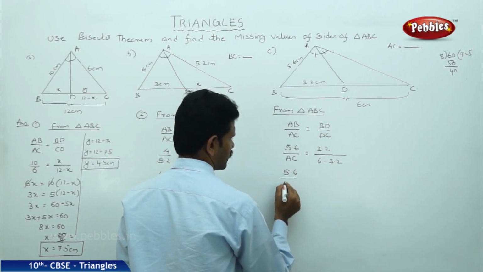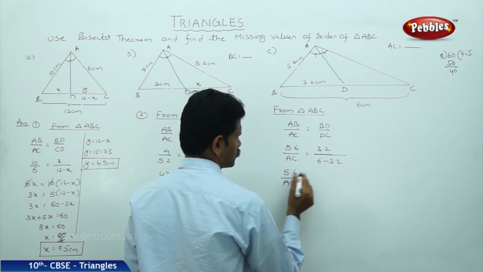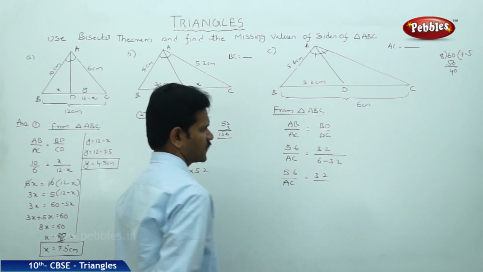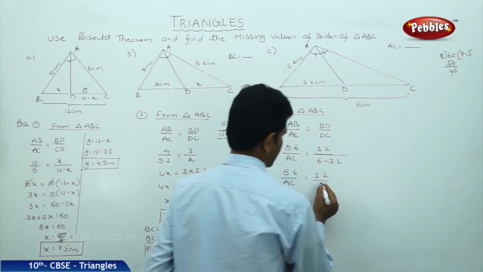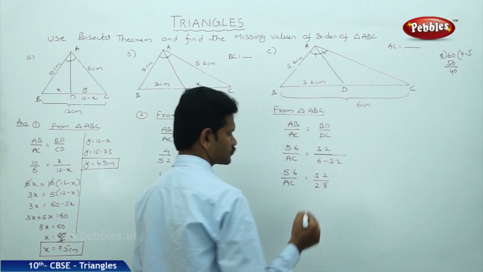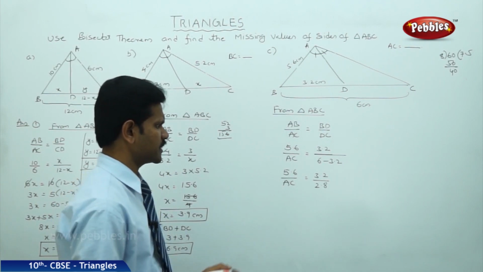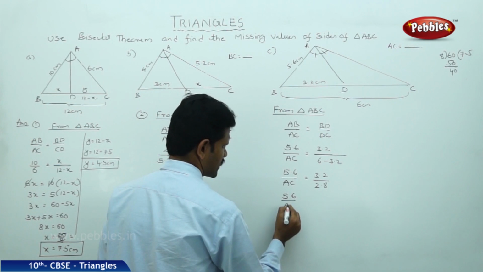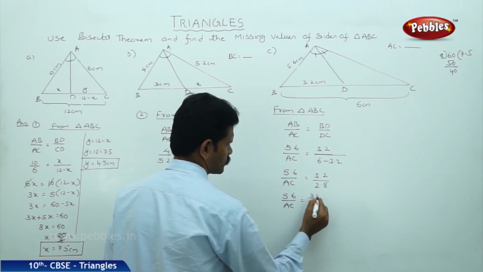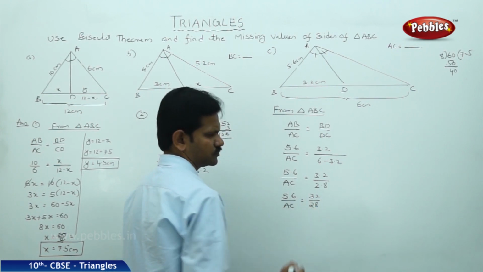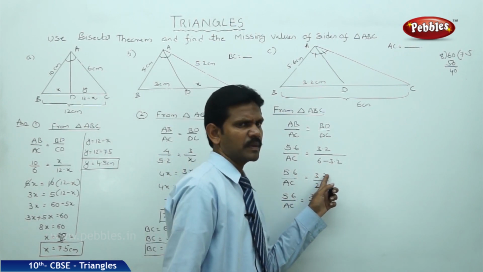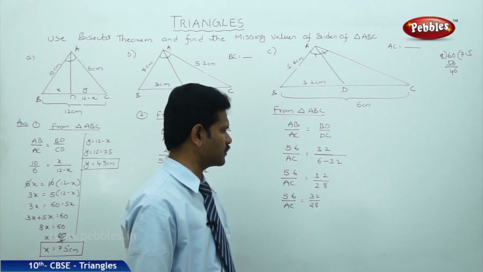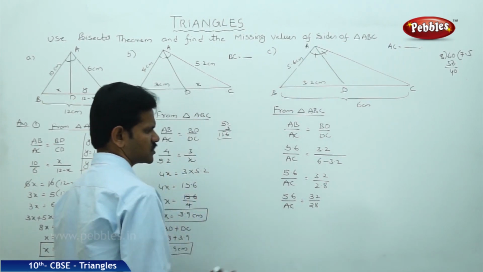5.6 by AC is equal to 3.2 by 2.8, that is 5.6 by AC is equal to 32 by 28, because there is one decimal place in the numerator and the denominator also, therefore decimals are balanced.